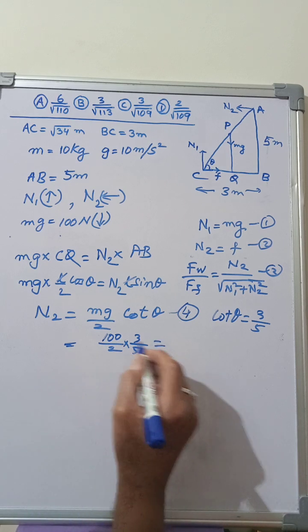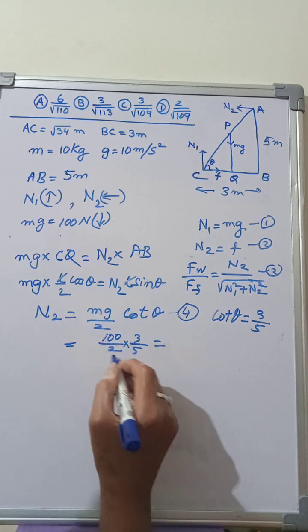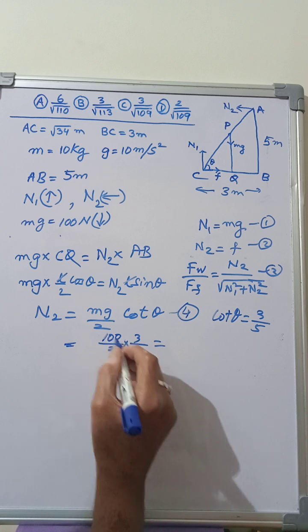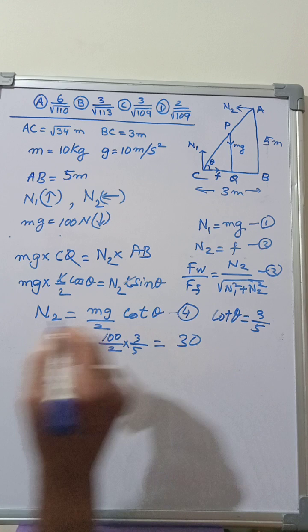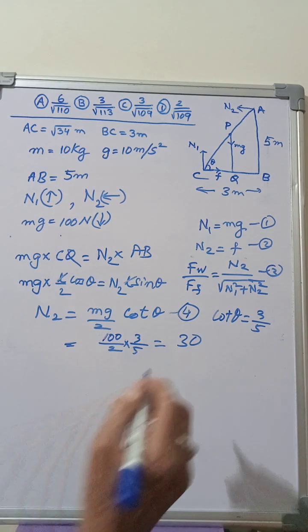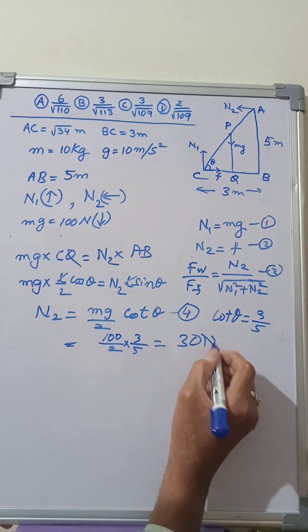So 100 by 2 becomes 50, 5 into 10 is 50, 10 into 3 is 30. So N2 is equal to 30 newtons.